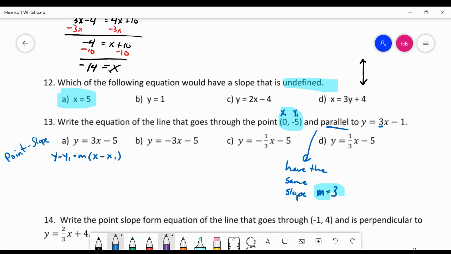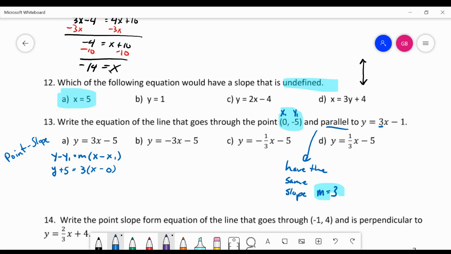Okay, so we have y. Opposite of y1 is +5. Slope is 3. X minus x1, which is the opposite of 0, which is still 0. So x minus 0. Okay, you don't have to really write it. You see that right now it's not really going to matter, but just go ahead and write it for now.